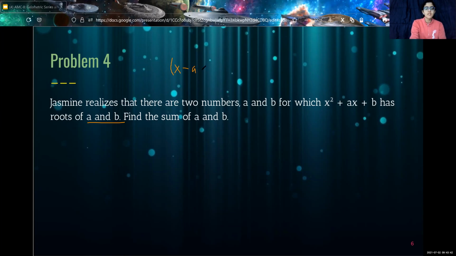Because when you're trying to find a quadratic in this form, what you do is you multiply x minus the roots together. So you get x minus a times x minus b is equal to x squared plus ax plus b.